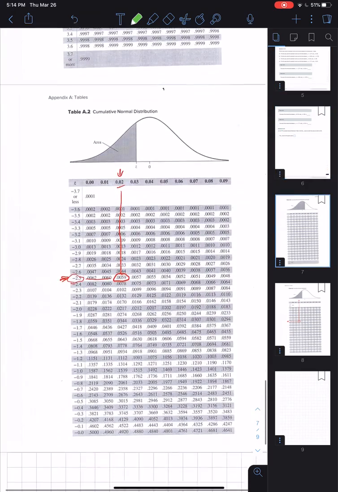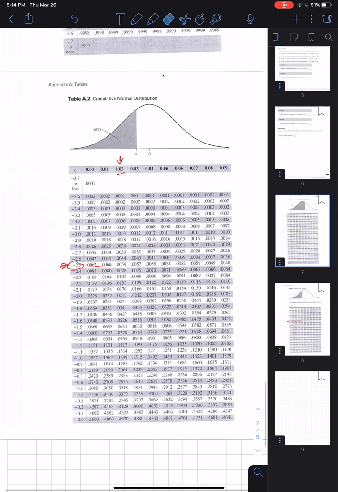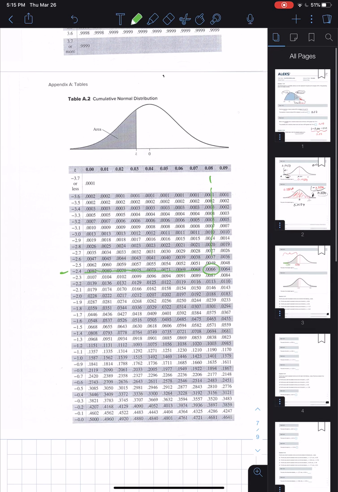Negative 2.48. So negative 2.4, and then 8 is right there. That is a small number, 0.0066.